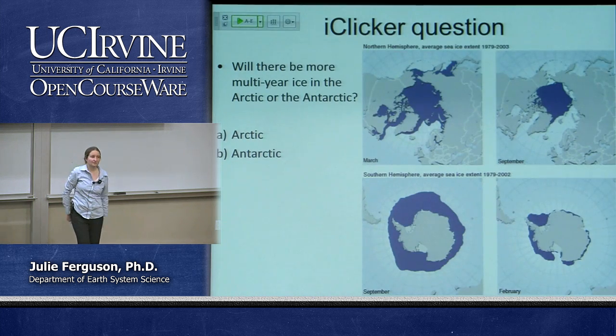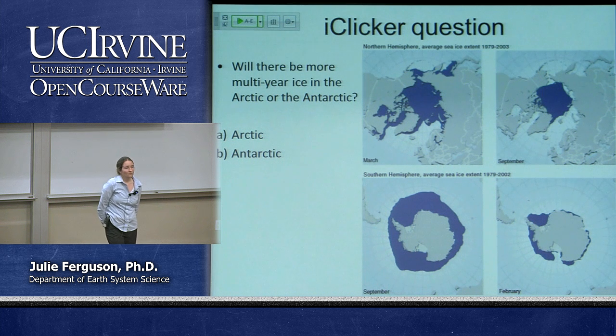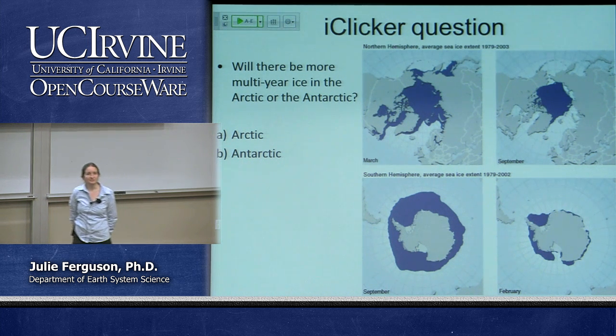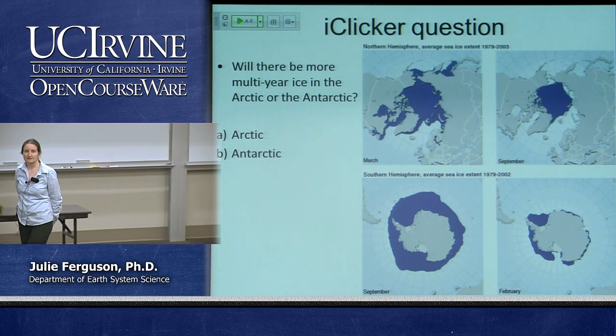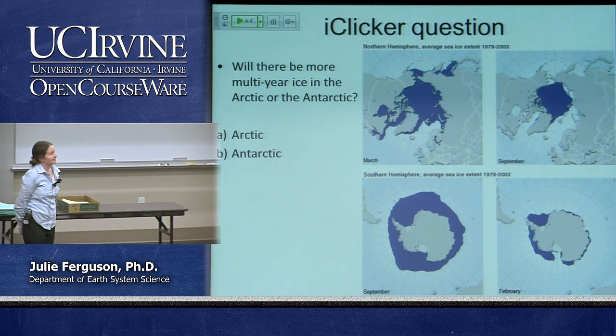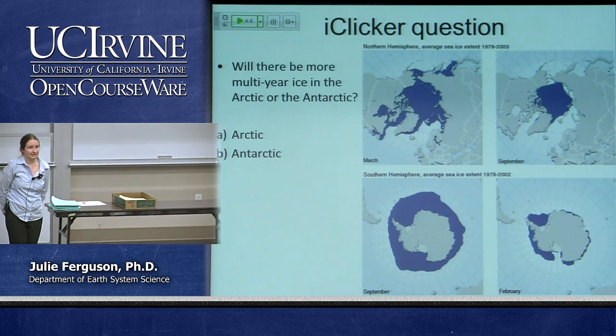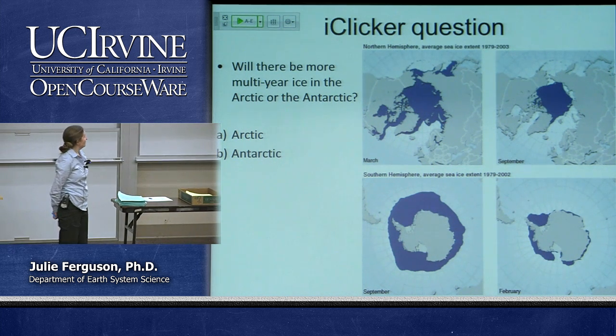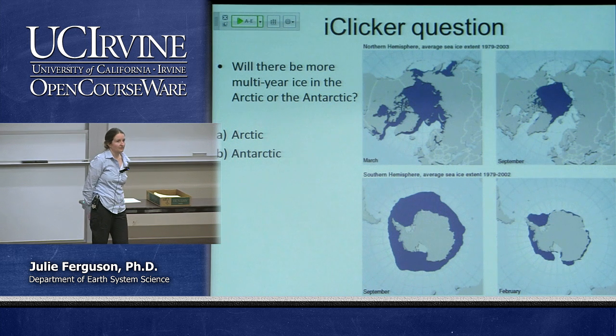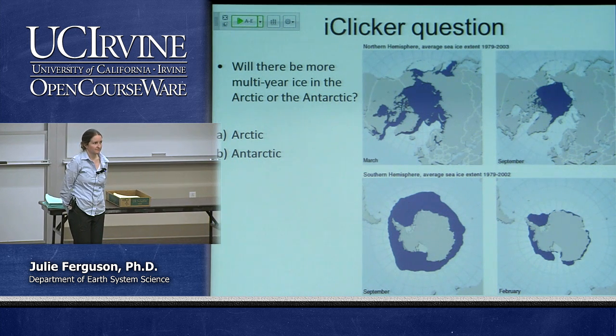So my question for you is, which of these locations do you think we're more likely to have multi-year ice? I'm going to give you a couple of minutes to think about it, thinking about those currents.